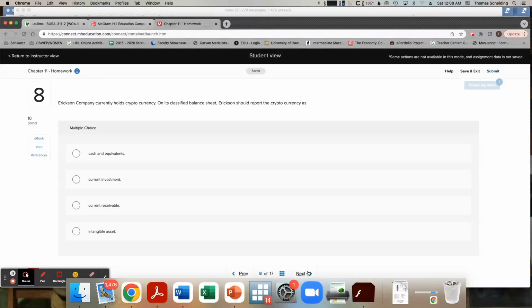Yeah, cryptocurrency is not a cash or an equivalent. It's not a current investment, and it's not a current receivable. Those all have very strictly defined definitions. Intangible assets is about the only one where there is that subjective determination of something having value or not.